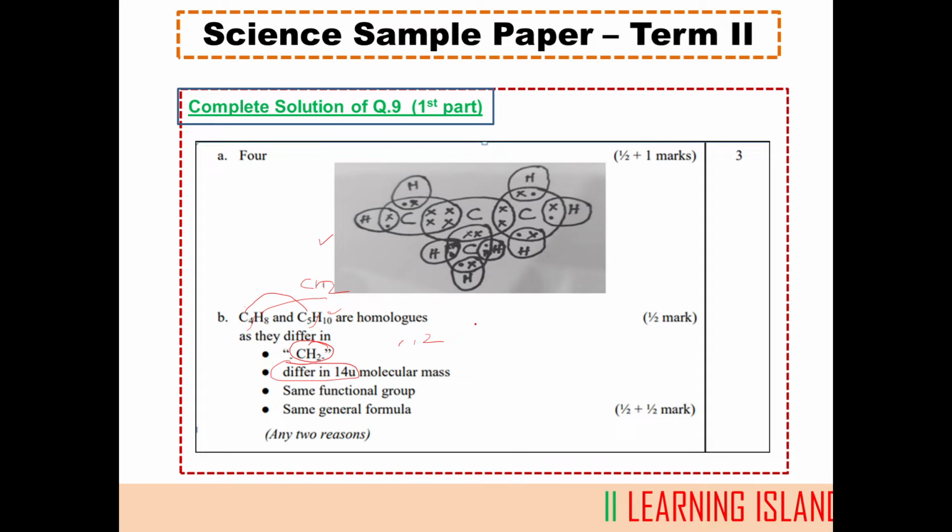So the difference is 14 AMU. Now the same functional group is present, OH. Same general formula. So this is the answer.